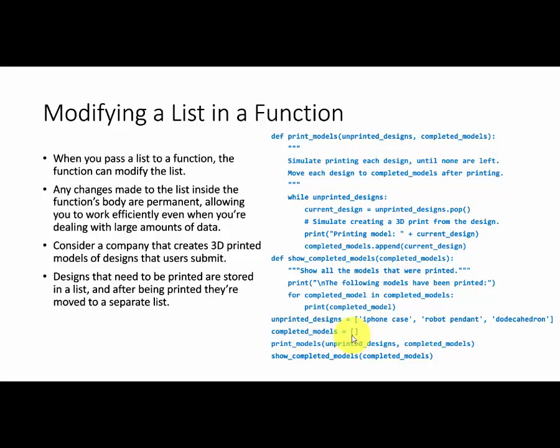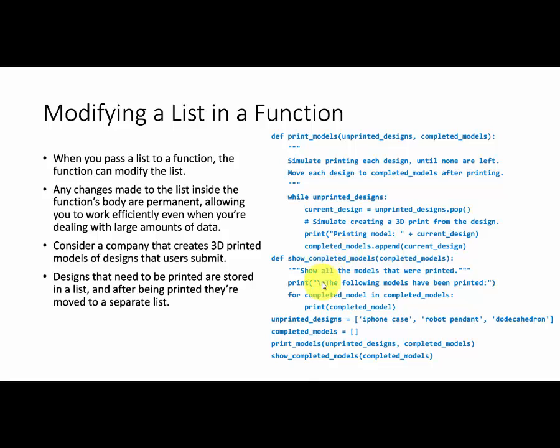So when my program has printed the cover of the iPhone, this item should be moved to this list, so that it indicates one model is completed. Then the function takes this argument, robo pendant, prints it, then moves that model to the list called completed models.